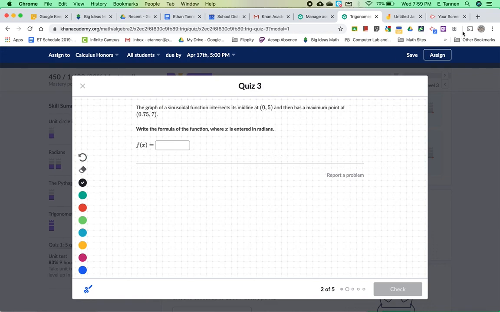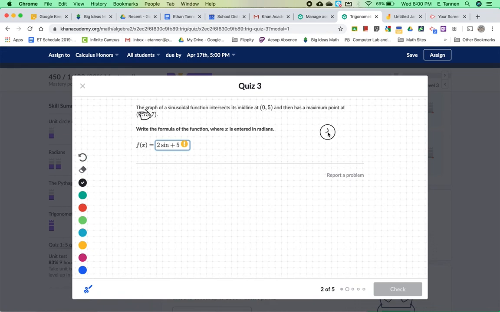So for this one, the graph intersects its midline at 0.5, so we know its midline is at 5, has a maximum point at 7, so that means the amplitude is 2. And since it's intersecting at 0, 5, its midline, then we know it's sine because it's starting at the midline. And then if it goes from the midline to the maximum, one, two, three, four. So this 0.75 is going to be a quarter of its period.